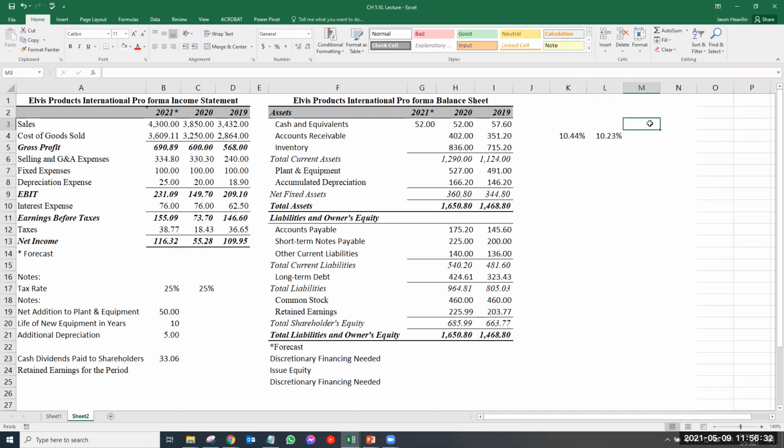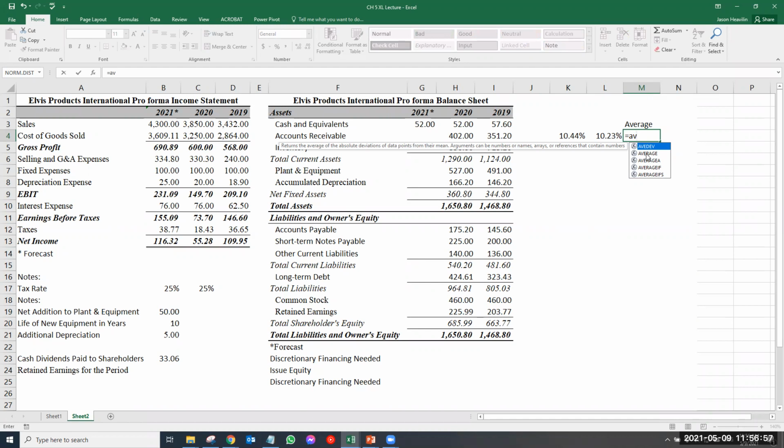And let's write average here because we're going to start getting the average of those 2 years to use it for our projection or forecast. Now, previously I have shown how you can do it through this menu here. Let's do it a different way. I can start the equal sign and start typing the word average. And you notice it's going to give you some list of selections, what you might be looking for as a function.